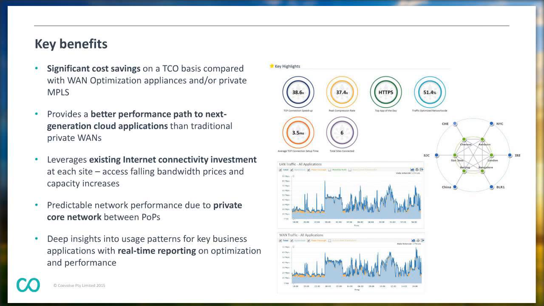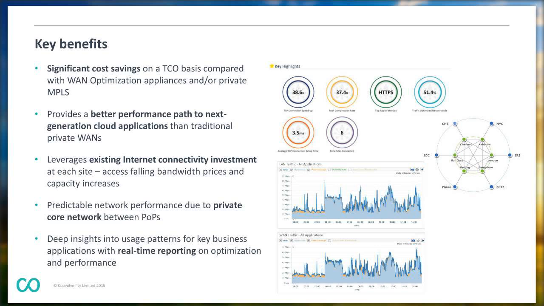So we've got strong business cases around the alternative to MPLS and the alternative to WAN optimization appliances. And when compared to an environment where there are both, it's a very, very strong combination as an alternative that we've got to offer here. So that's kind of the foundational benefit of this type of solution.